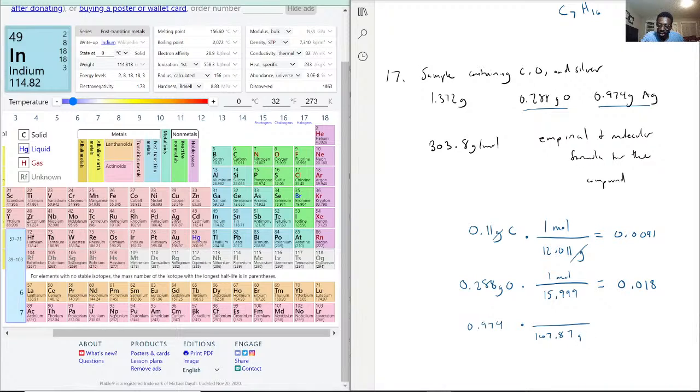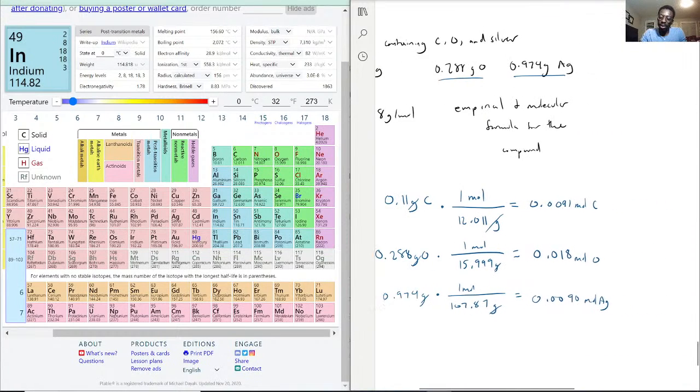So let's write down what it is: moles of carbon, moles of oxygen, and 0.974 divided by 107.87 equals 0.0090 moles of silver.